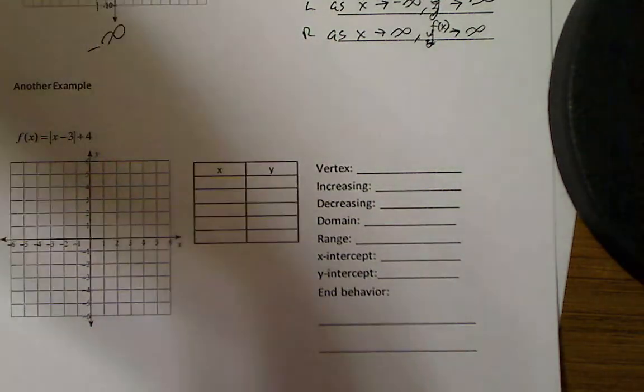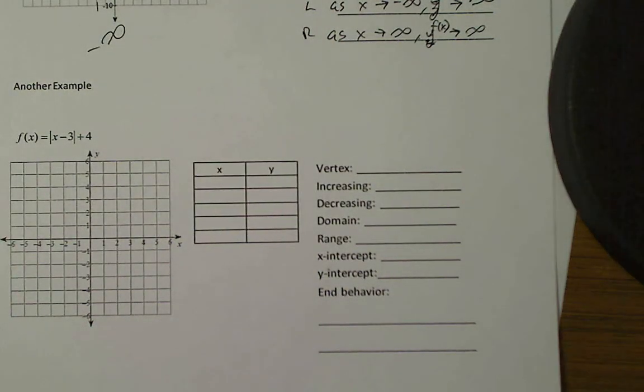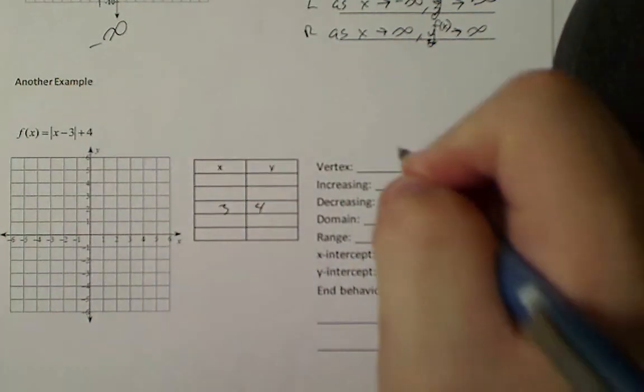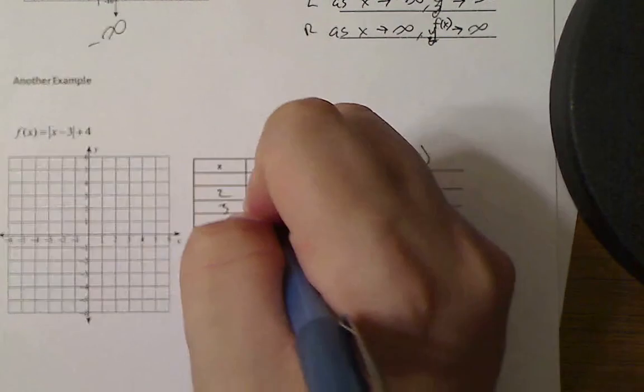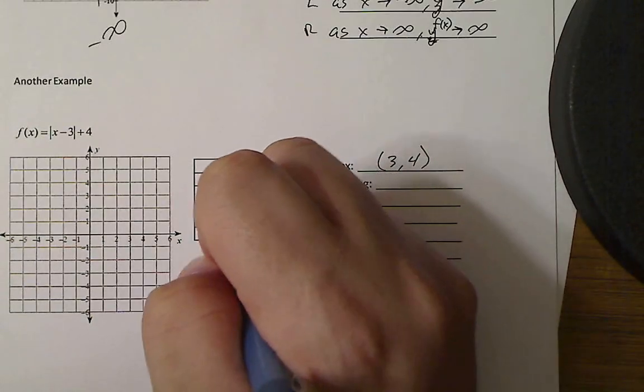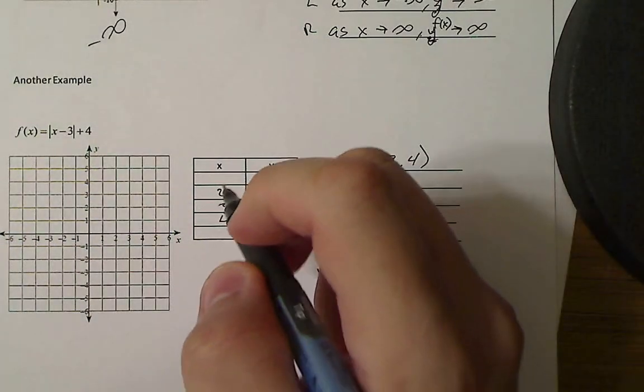All right, so where's my pen at? So my table, what am I using here? My vertex looks like it's a 3 something. Yeah, so I'm going to use (3, 4) as my vertex. Then I'm going to use (2, 5), (4, 5), (5, 6).